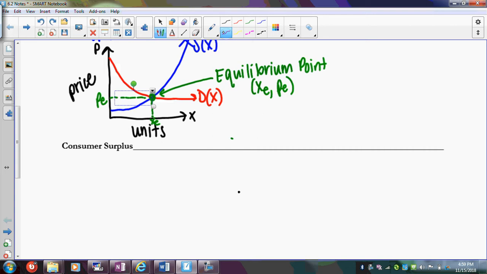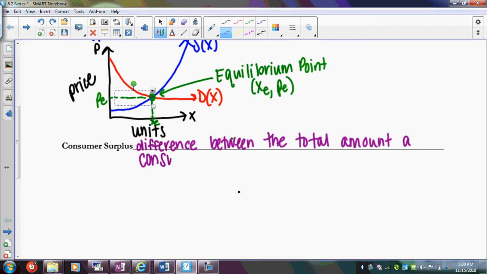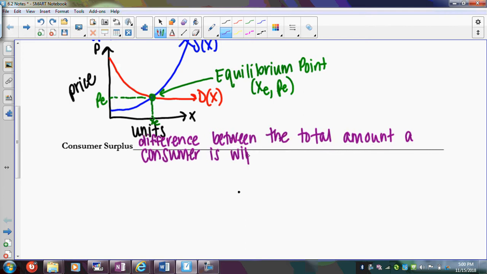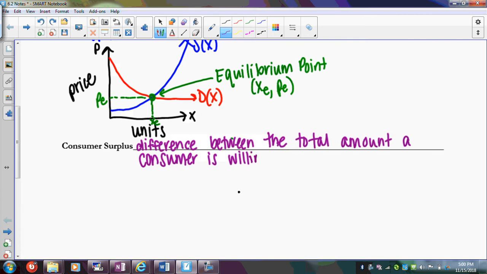So this is going to be the difference between the total amount a consumer is willing to spend and the total amount actually spent.